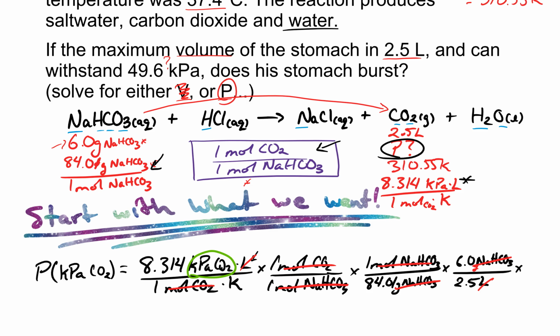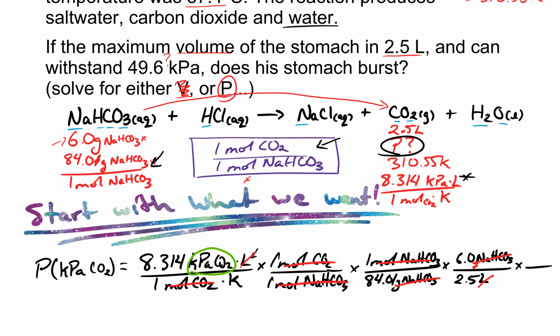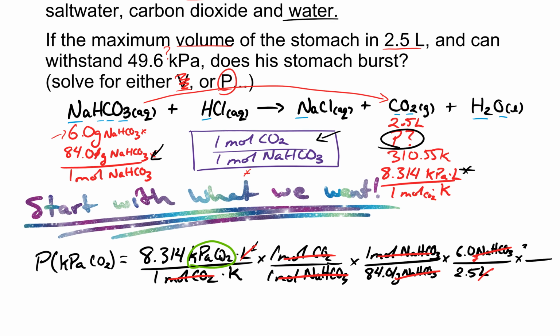And then I want to cancel out Kelvin. Kelvin's on the bottom, so I'm going to multiply by 310.55 Kelvin over 1. Kelvin and Kelvin cancel out. The only unit I'm left with is my kilopascals of carbon dioxide.